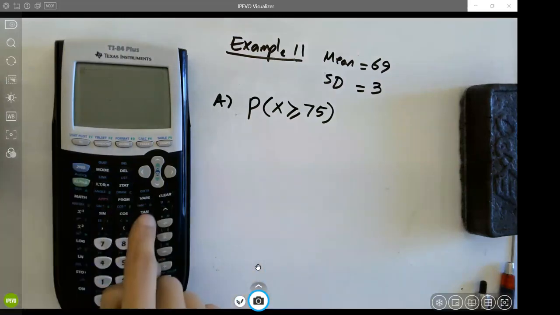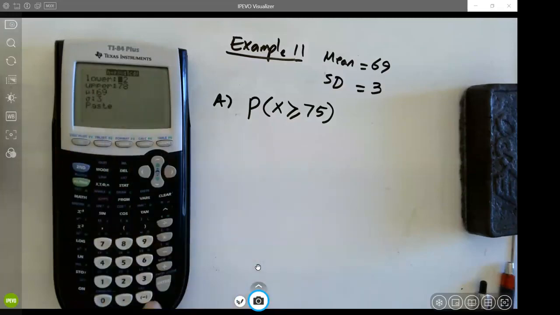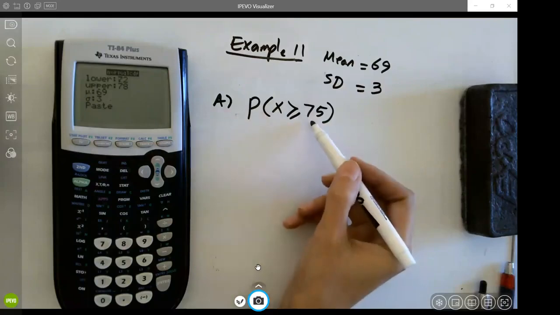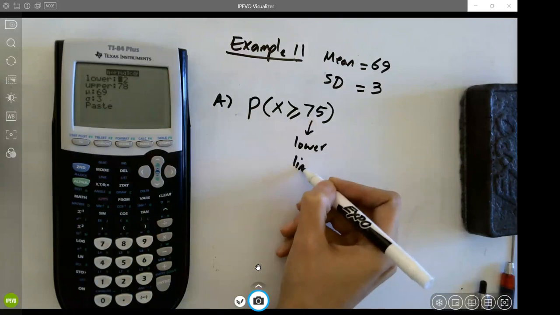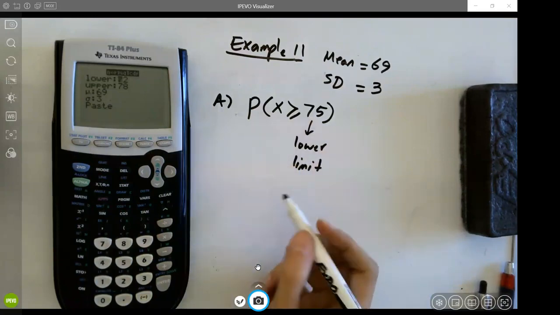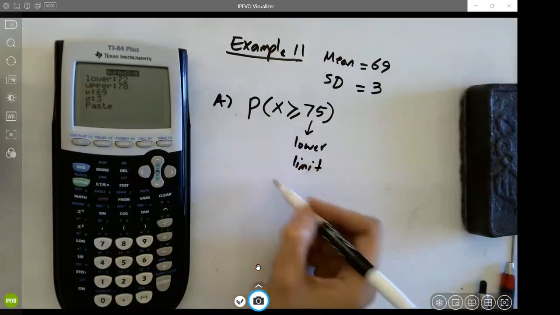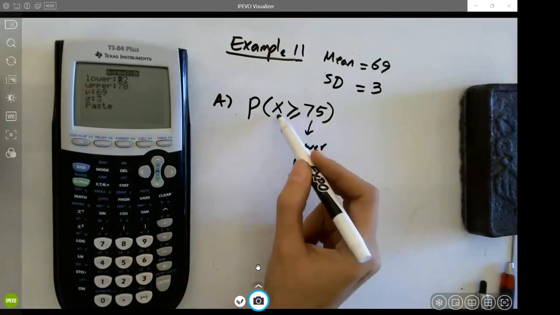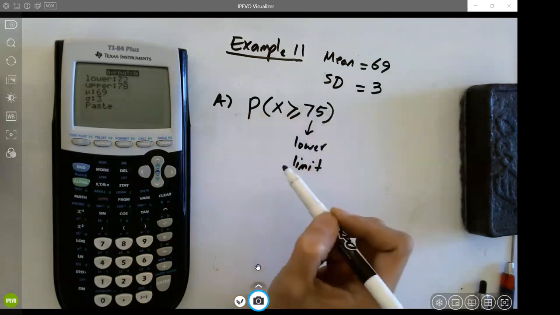So second, VARS, normal CDF. In this case, your lower limit is given. Our lower limit is 75. I expect you to ask, what is the upper limit then? When the lower limit is given to you, the upper limit says all X values that are greater than or equal to 75.